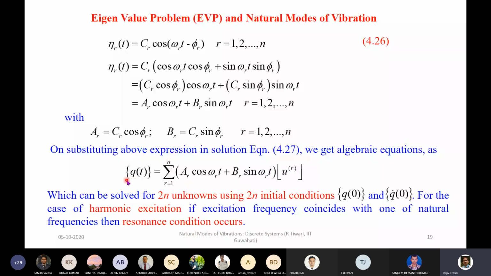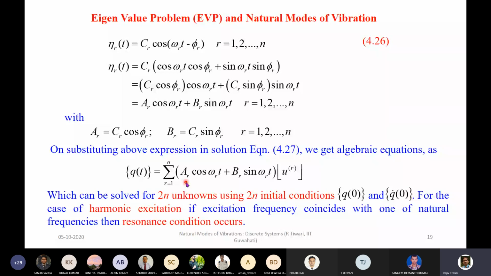So this is in a matrix form. So Q, T are n in number. So basically these are n such equations we have. So you can see that AR and BR, if we expand this from R is equal to 1 to n, we'll be having 2n such unknowns, because we have n number of differential equations of second order.